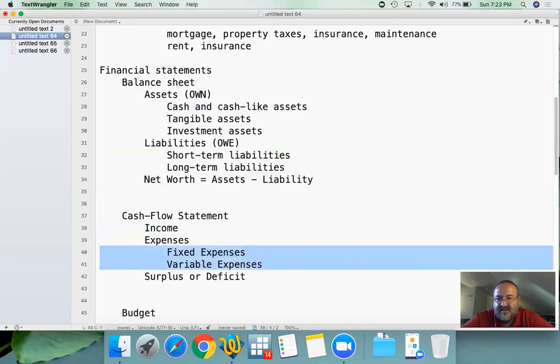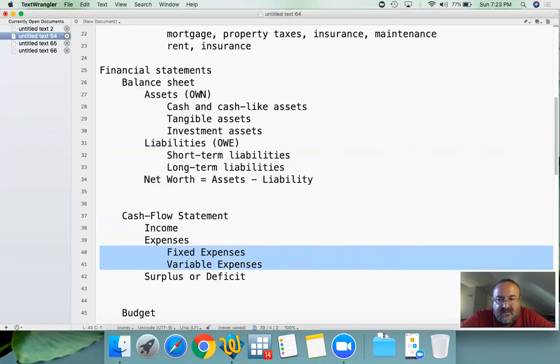Now, fixed expenses are things like your rent, insurance payments, mortgage payments, and so on and so forth. These are expenses that you do not have much control over. No matter what happens, you're going to pay these expenses.